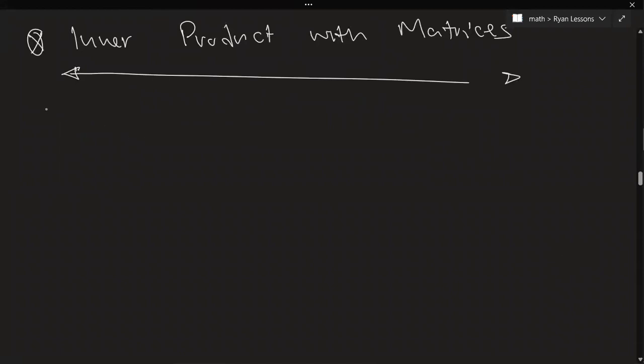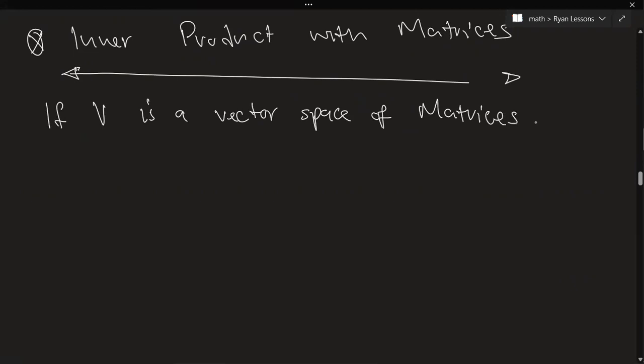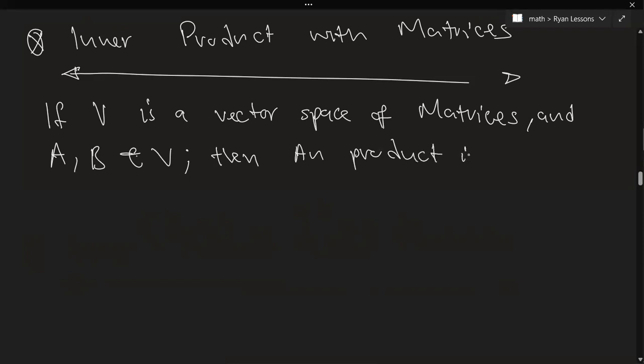You see, if V is a vector space of matrices, and A and B are elements of V, then an inner product in V can be defined as follows.